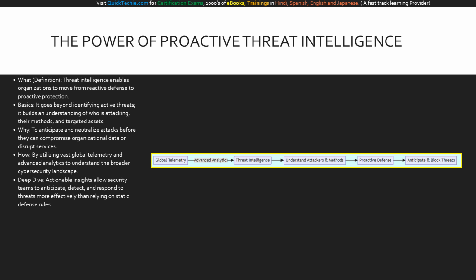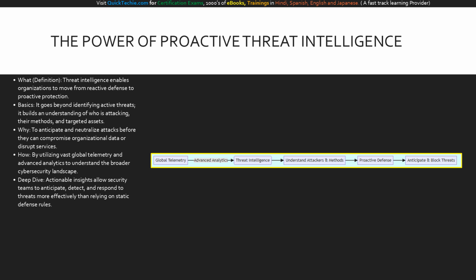It is about deeply understanding the broader landscape, identifying exactly who is attacking, what specific methods they are utilizing, and which of your assets are most at risk. By leveraging vast global telemetry and advanced analytics, Microsoft 365 provides actionable insights that help your security teams anticipate, detect, and respond to threats much more effectively. You are no longer waiting to be breached. You are actively fortifying your environment against known adversary playbooks.